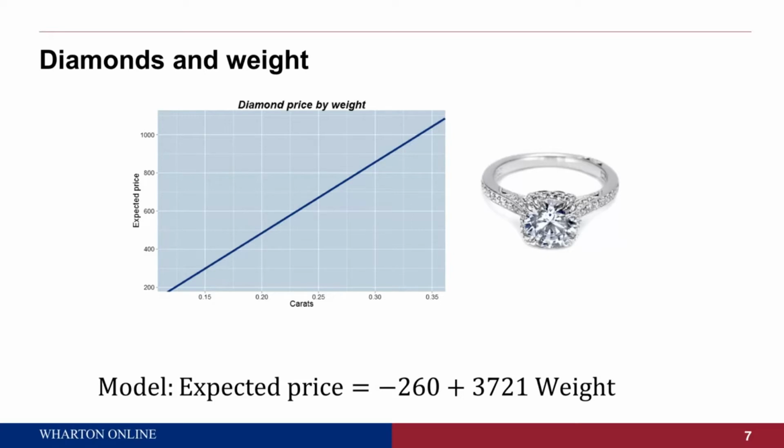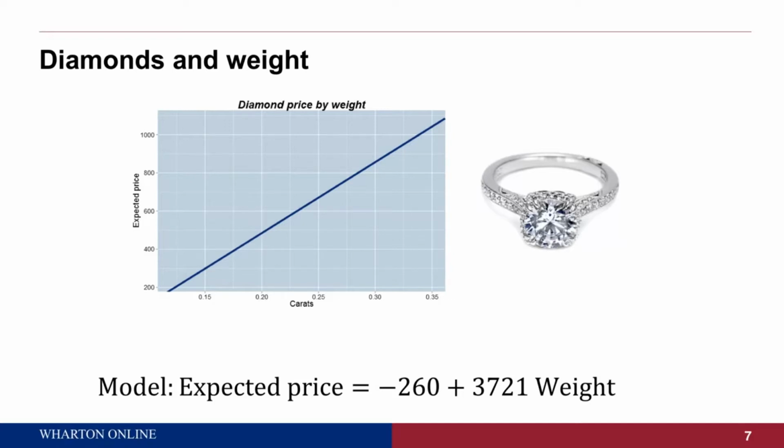And so let's go back to thinking about the weight of a diamond and the price that it's going to go for. And so oftentimes we're going to think of representing the model that we have through some graphical approach. And so in this course, I'm going to be using a lot of graphics because they are perhaps the most elegant way to produce and represent and share your models with other people.